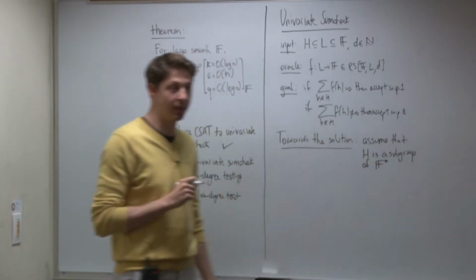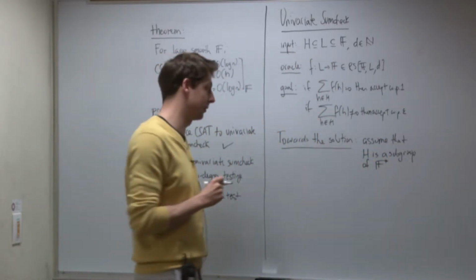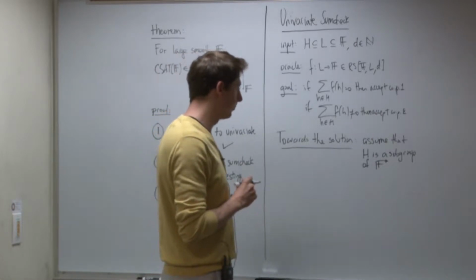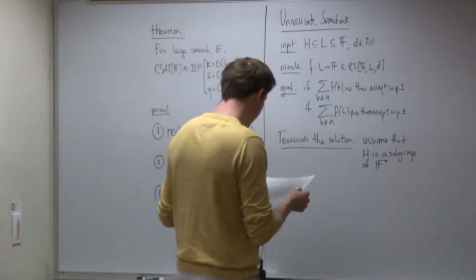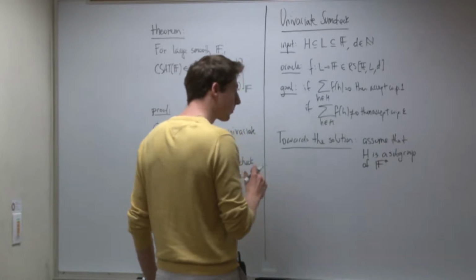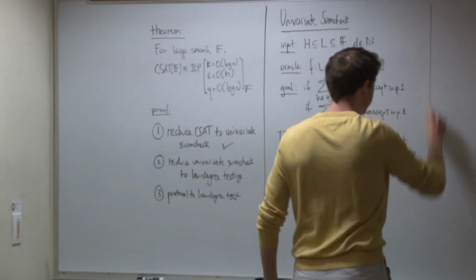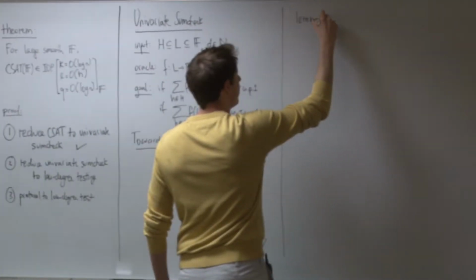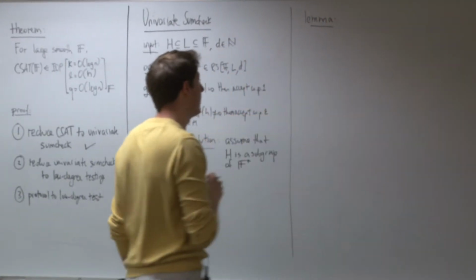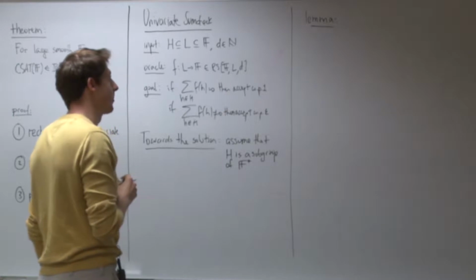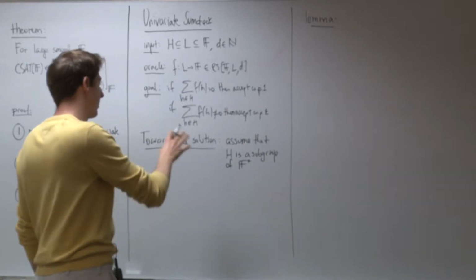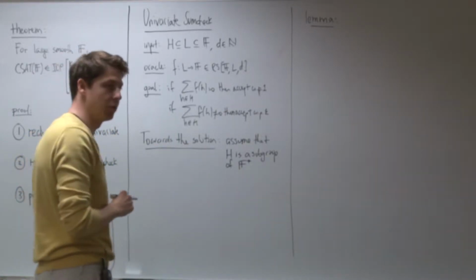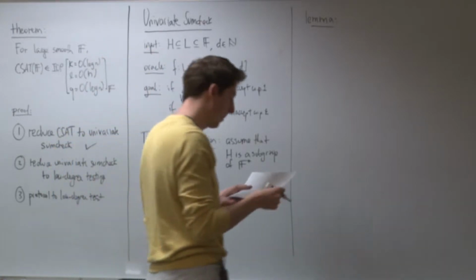So we're going to assume that H is a multiplicative subgroup of the field. Now, if this is the case, we're going to prove a lemma, which basically relates how polynomial sums over subgroups relate to its coefficients.